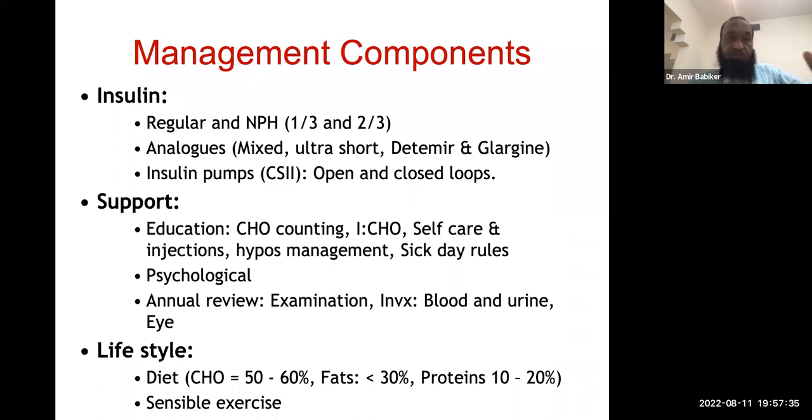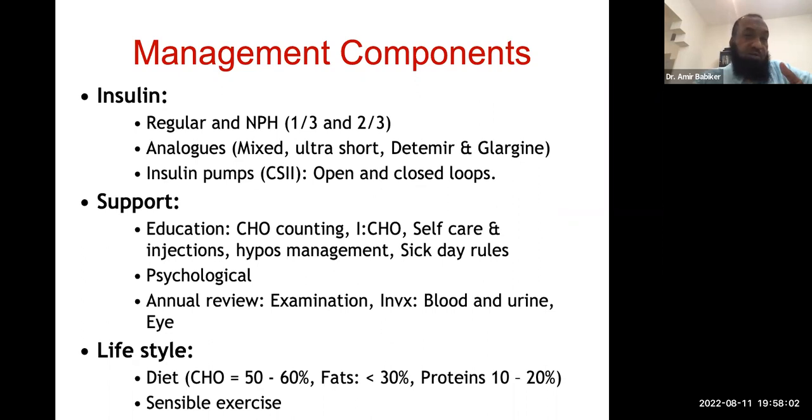You have regular, the clear one, and NPH, the cloudy one, and then before we talk about the mixed, let us talk about the ultra short. We have three main companies. First, Novo Nordisk. All the insulins with the Novo name are named after this company: Novomix, Novorapid.